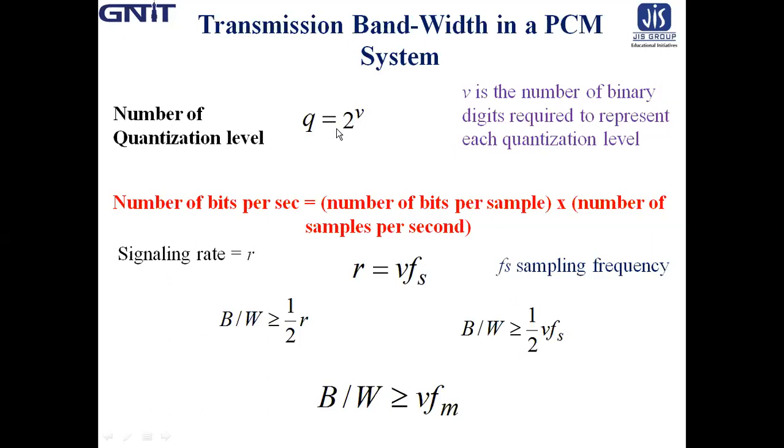So the number of bits per sample is V, and the number of samples per second is your sampling frequency Fs.